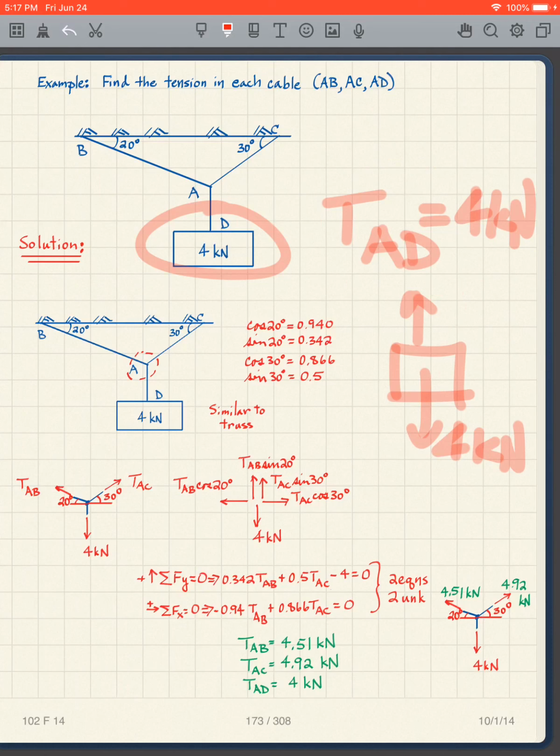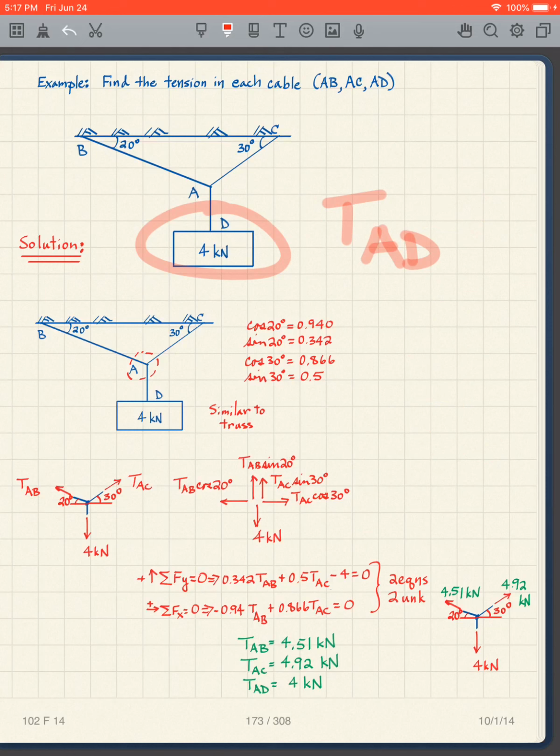So we're going to skip that step, something that's going to be that obvious. What I'm going to do is take my free body diagram about this point. It's going to look a lot like what we had for trusses. So there's my free body diagram here.